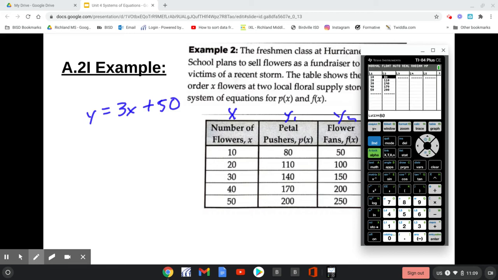Our X stays the same, so it's 50, 100, 150, 200, and 250.